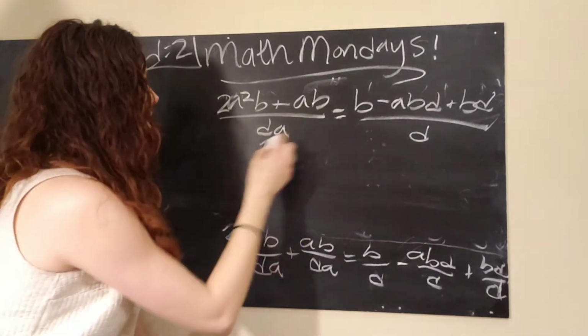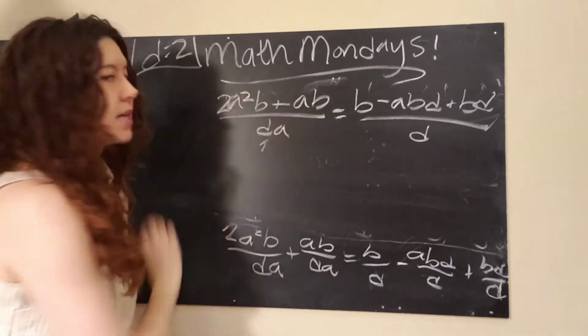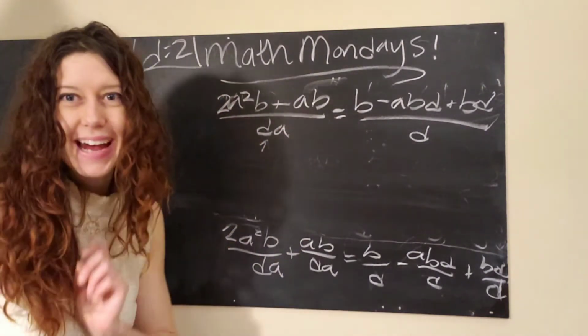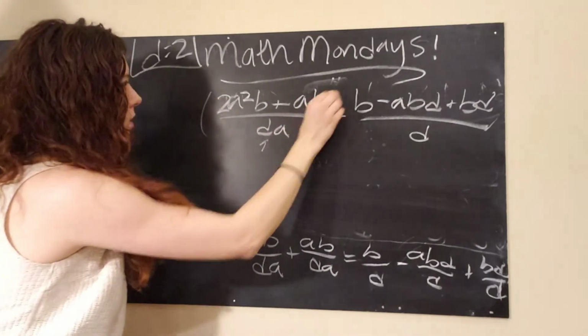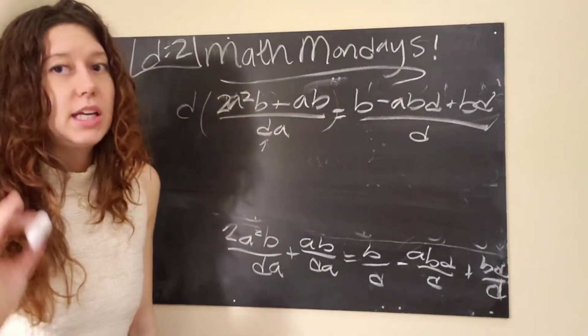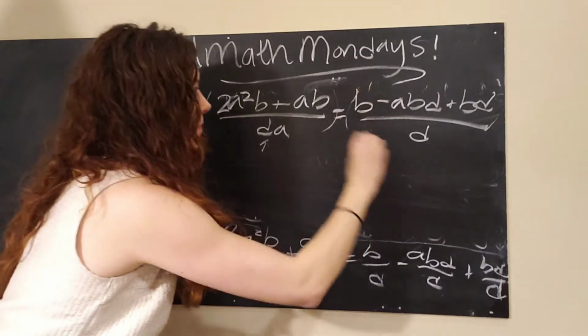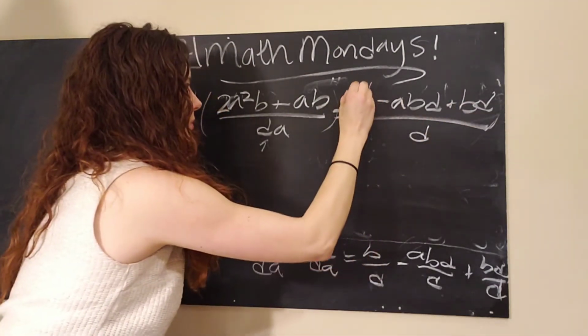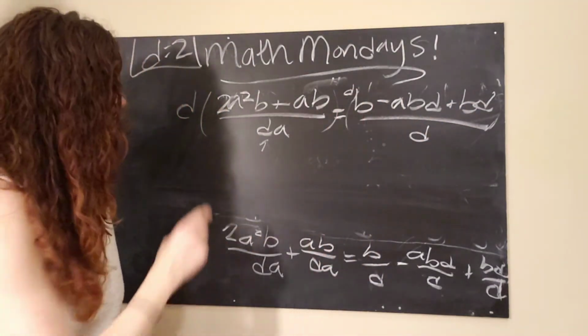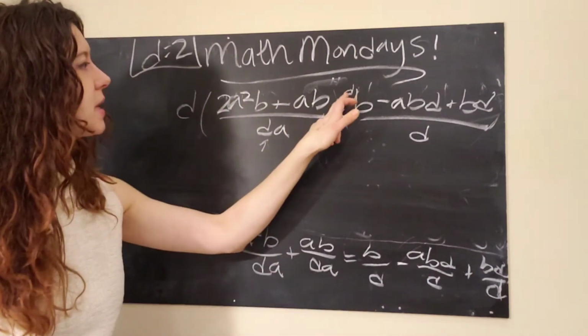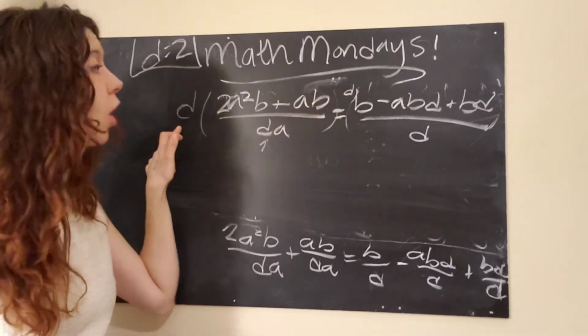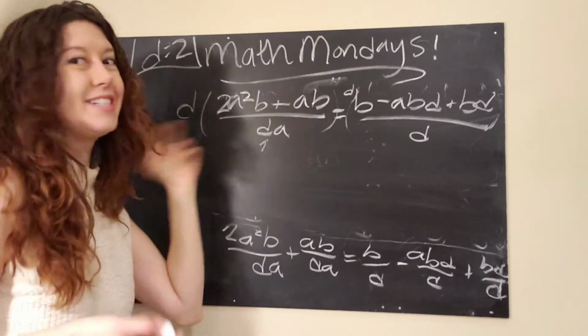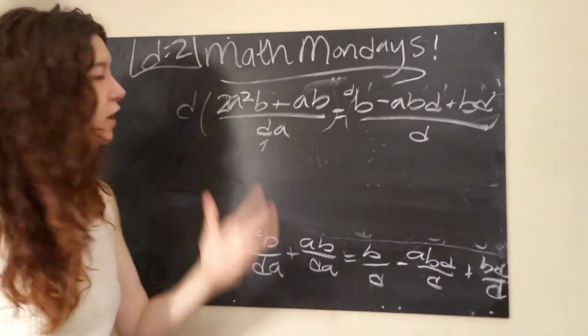So in this case, I can multiply both sides by d, because if you do that, you are actually keeping the equation the same. The reason why is because if I were to move this over to the other side of the equation, I would divide by d, which would give me 1.